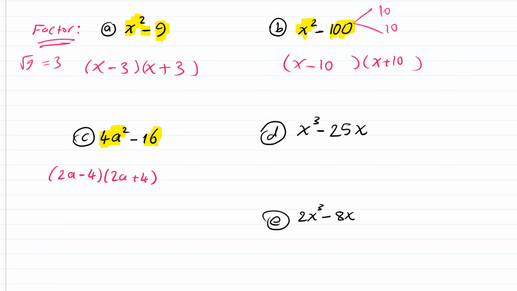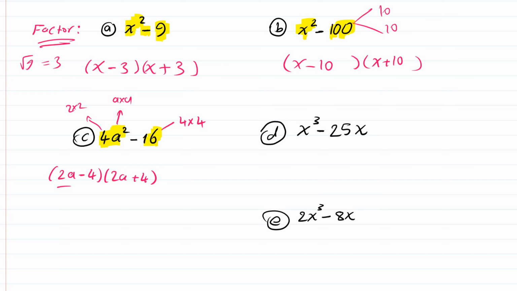Why did I do that? Because 16 is 4 times 4, and 4 is 2 times 2, and a is a times a, right? So you write 2a, and in the first part the root of 4 is 2, a is a, and the root of 16 is 4.